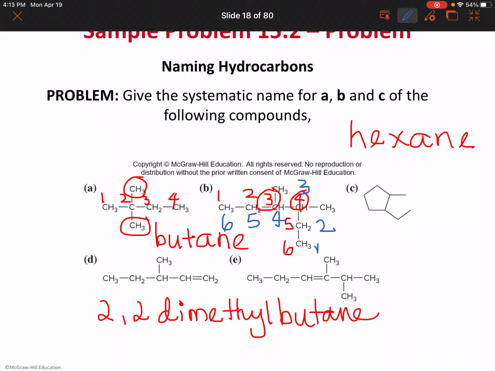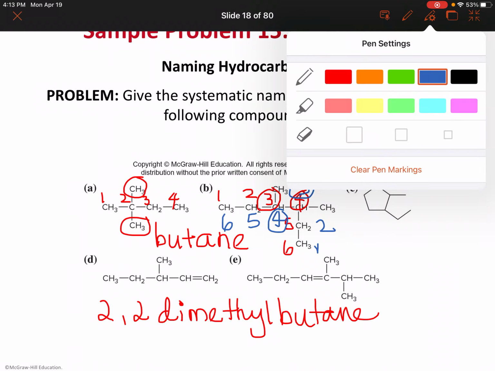Your branches would end up being in the 3rd and the 4th position. So it doesn't matter which direction you start numbering. You would end up having your branches on the same positions. So you can choose either way, either the blue path or the red path to number. It doesn't matter.